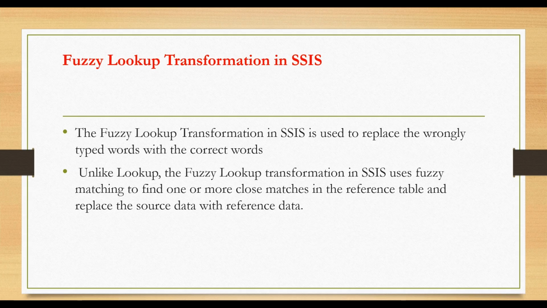If we match, it will find the more or less closest matching fields in the reference table. This is very helpful to correct wrongly typed words, because the fuzzy lookup transformation will look up the value that is one or more closest to the source input data. Okay, this is the overall concept.